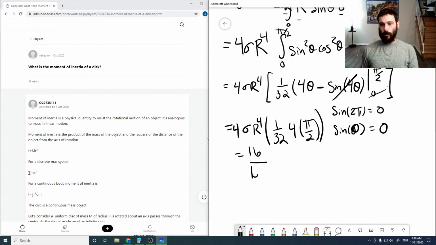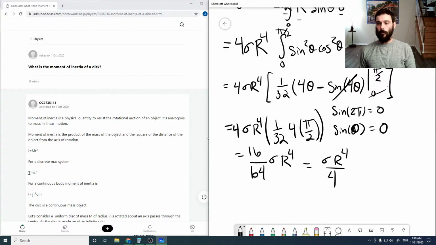(16 over 64 sigma r to the 4th), and then that's just a quarter. So it's sigma r to the 4th over 4. And again, from before, our entire mass is pi r squared, and I dropped a pi, so there should be a pi in there and a pi in there.